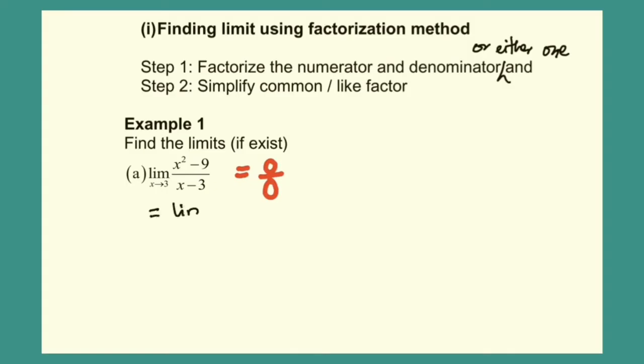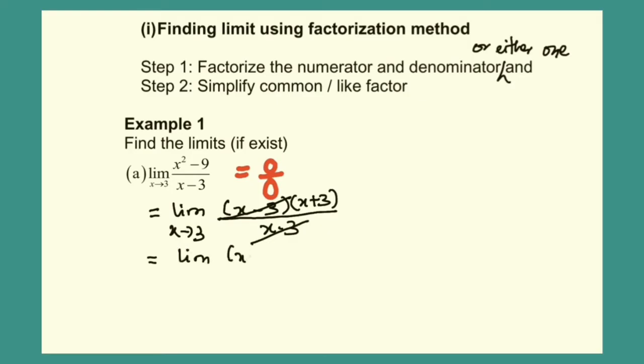This becomes limit (x minus 3)(x plus 3) over x minus 3 as x approaches 3. We can cancel out x minus 3. This becomes limit x plus 3 as x approaches 3. Then we substitute x equal to 3. This is 3 plus 3 and the answer is 6.